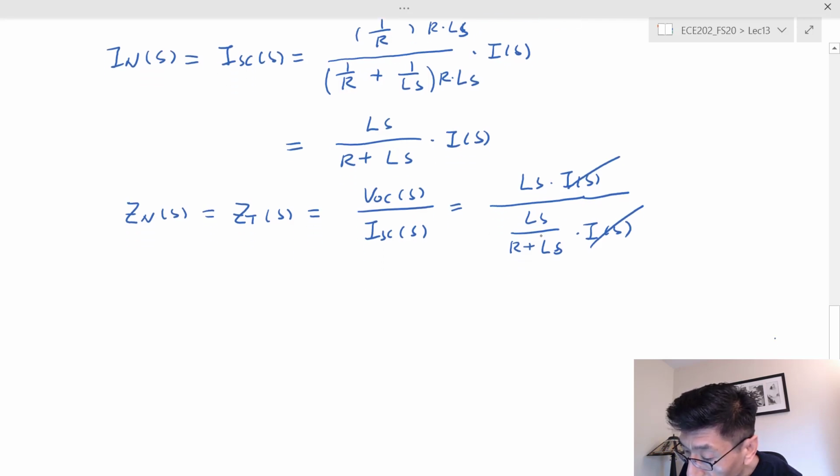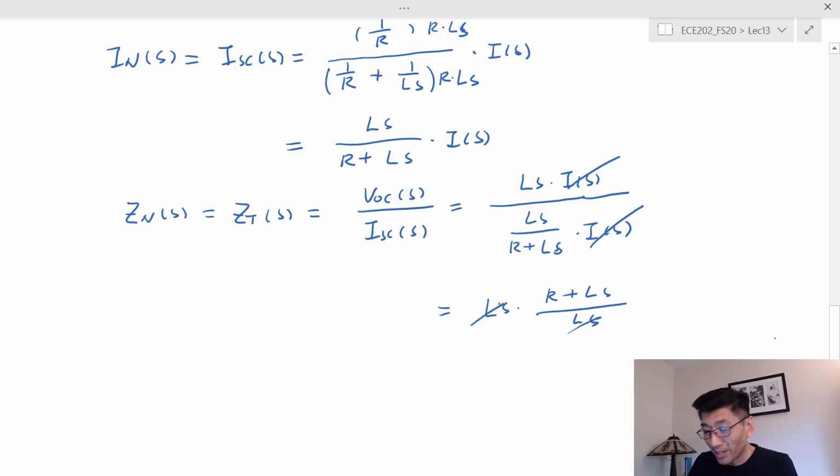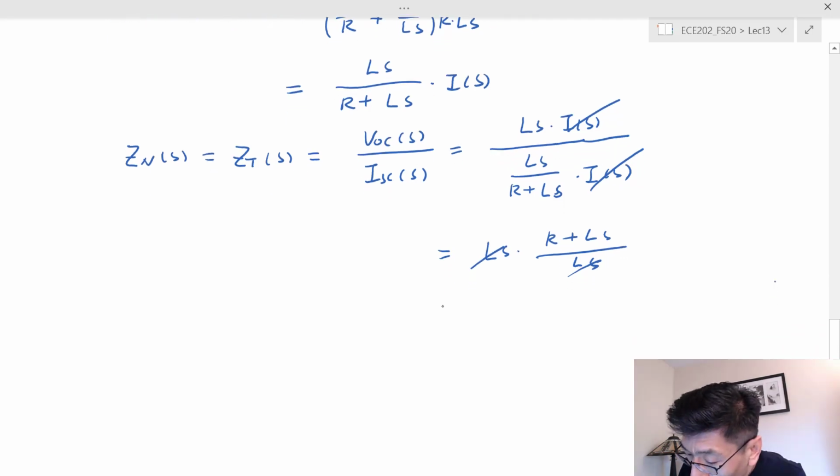So in this case, we get L_S times the inverse of the denominator, which is R plus L_S divided by L_S. I hope you enjoy the math in detail now. That's equal to R plus L_S.